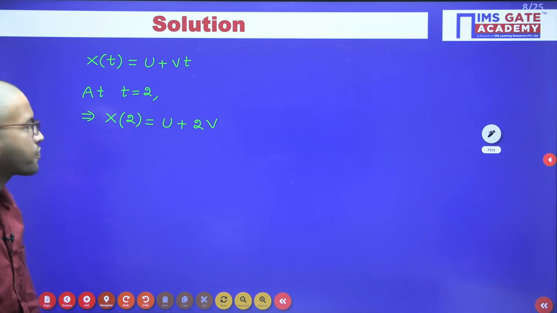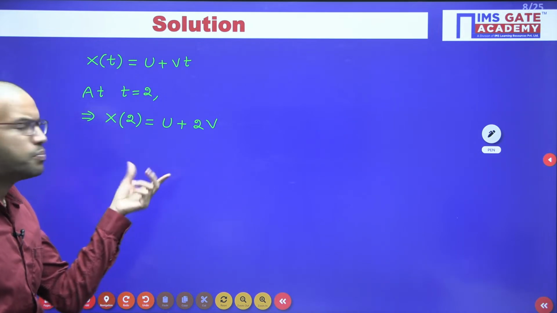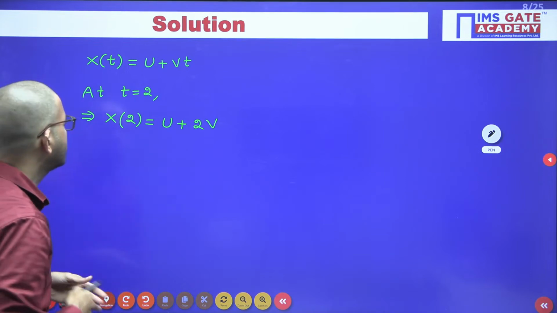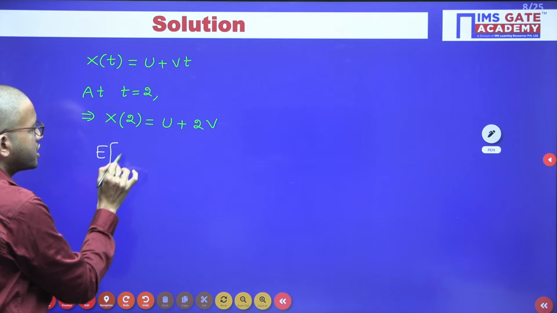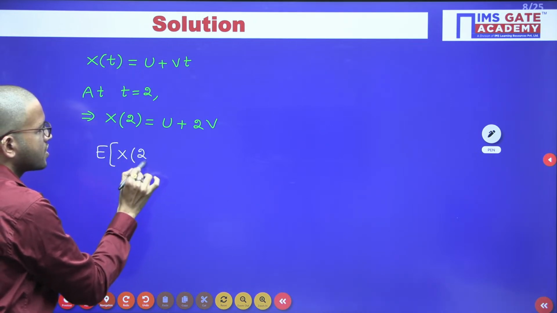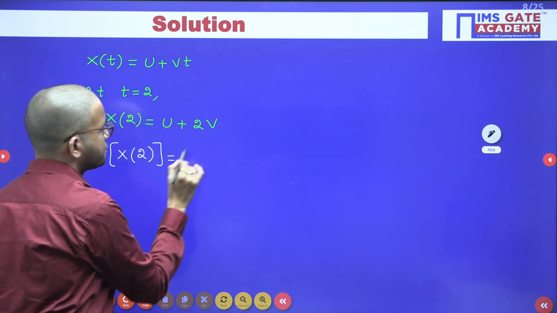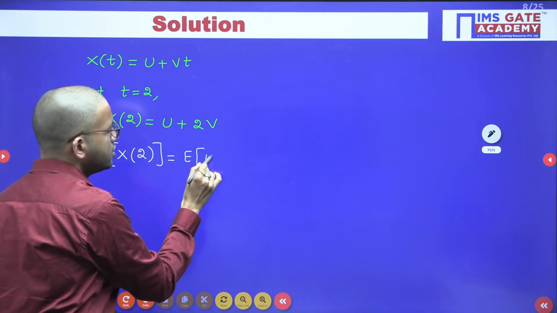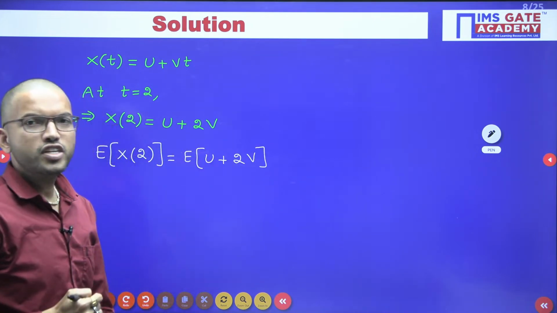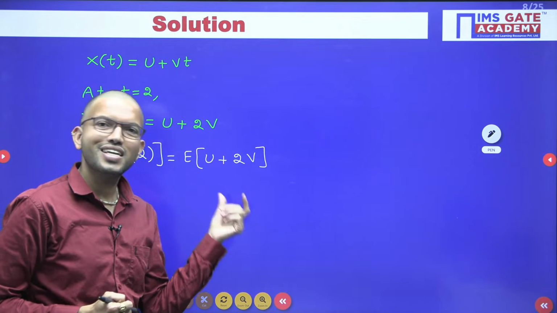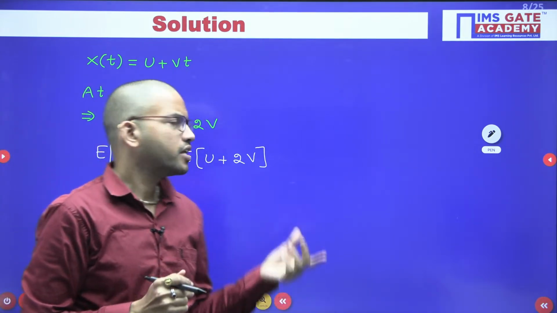Both are same. In this question, they are asking the expectation of the random process at t equal to 2. So we can use the expectation operator. Expectation of X of 2 is equal to expectation of U plus 2 times V. We know that the expectation operator is a linear operator, just like when you are performing integration.